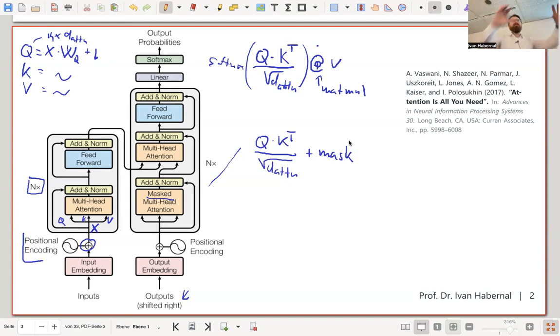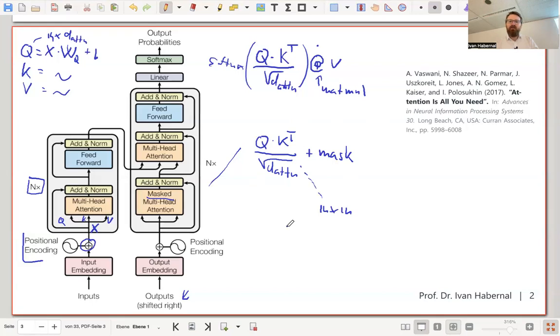But in our context, each row is a token. So what's coming out here is an n times n matrix, which means the number of tokens times the number of tokens, because we created the dot product of every combination.